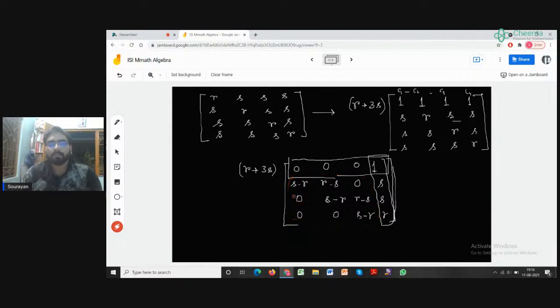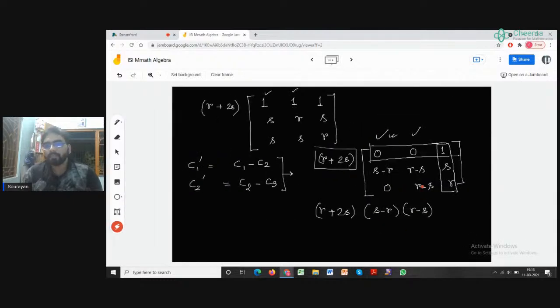This is an upper triangular matrix, so the determinant will be S minus R into S minus R into S minus R, cubed. So it's minus R, I think, right? It will be S minus R. Sorry for that.